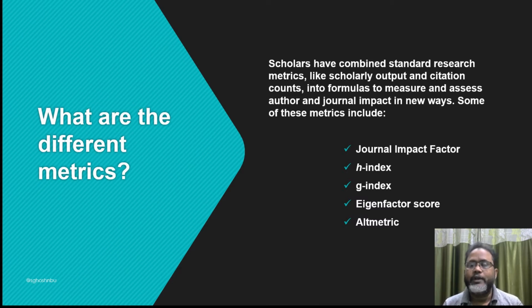So we have different types of impact measures like journal impact factor, H index, G index, Eigenfactor score, then altmetrics.